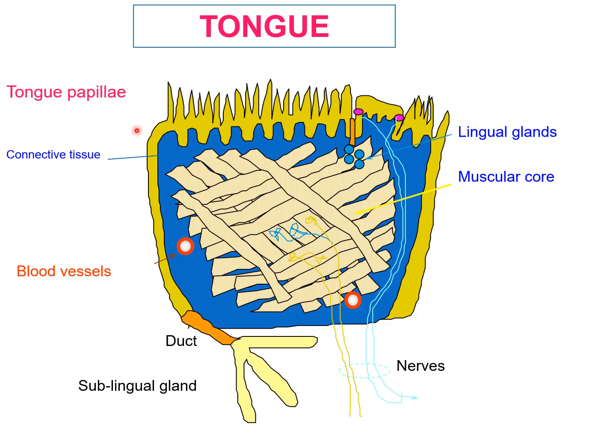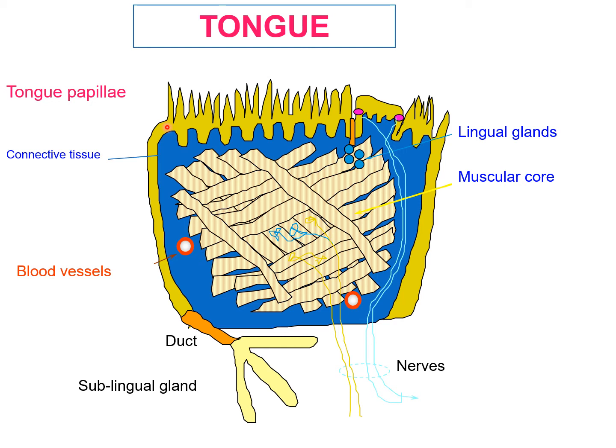So if we look at the histological structure of the tongue, the surface of the tongue is lined by mucosa, which is stratified squamous epithelium, just like elsewhere in the body. But where you have the presence of filiform papillae, which are the most numerous, the tongue mucosa is keratinized, whereas in the remaining areas, it is non-keratinized.